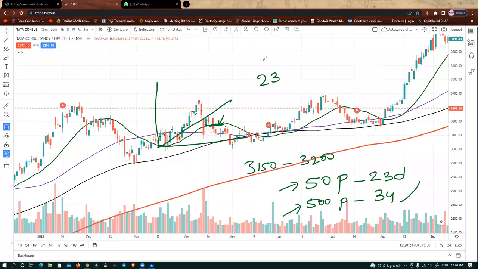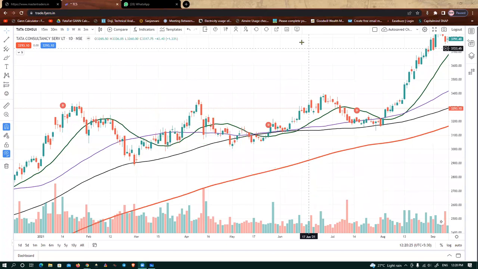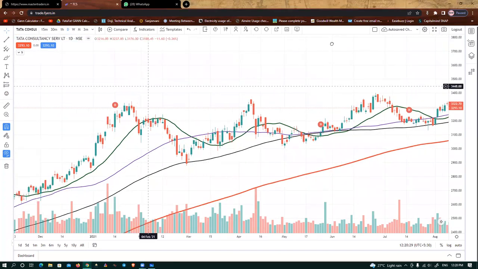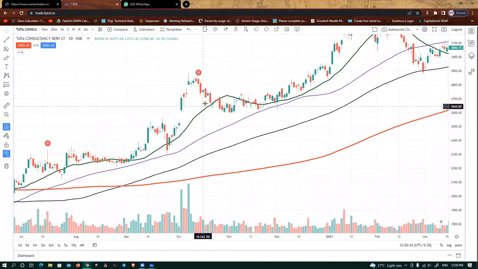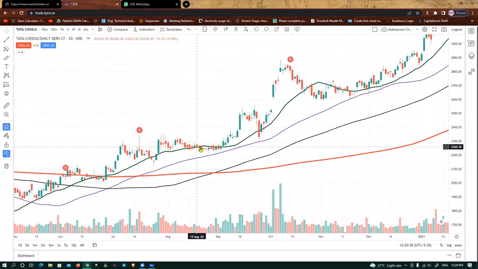So same way, you can also see this movement here. When the inclination is flat, there is no movement at all. When the moving average is flat, there is no movement at all.